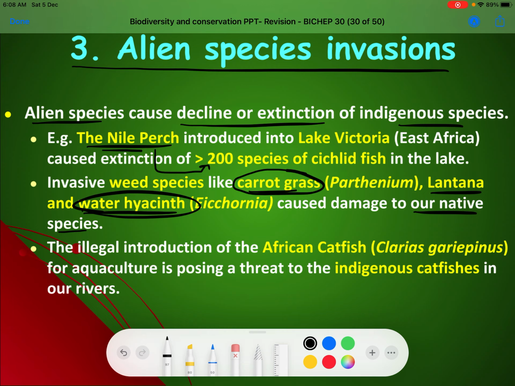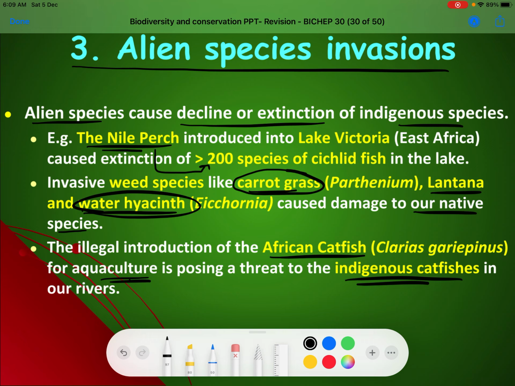Third one, the illegal introduction of the African catfish, that is Clarias gariepinus, for aquaculture. This is the reason why it was introduced, posing a threat to indigenous catfish, local catfish in our rivers in India. So, again a good cause was there.